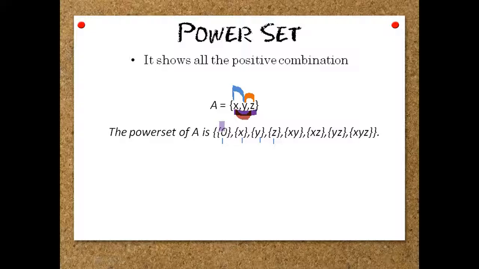So again, set A that has elements X, Y, Z has a power set of 0, X, Y, Z, XY, XZ, YZ, and XYZ. That is as simple as that.